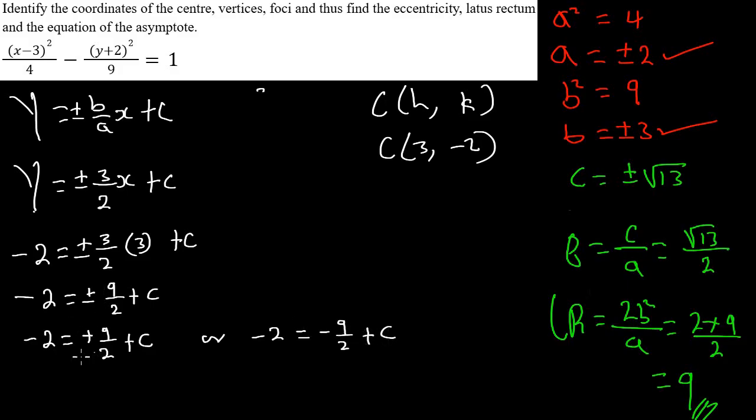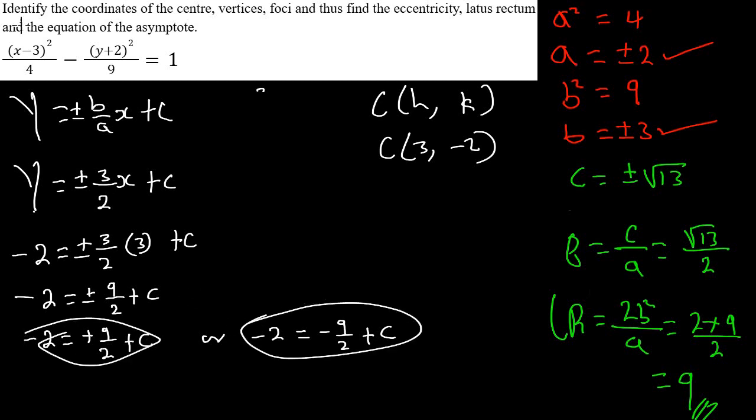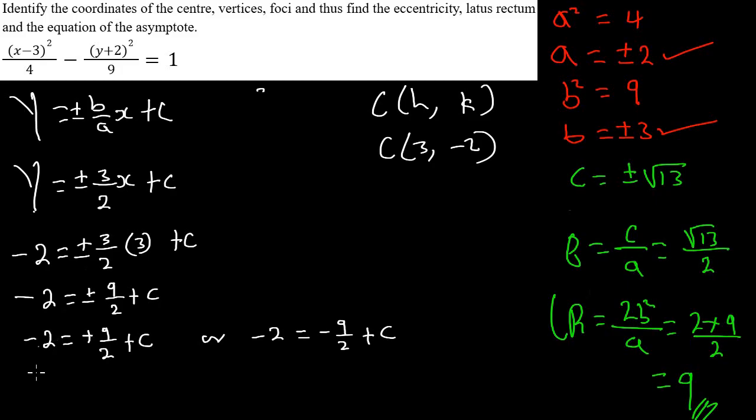So we have split everything. Now I multiply all through, for the left hand side and for the right hand side. We should have minus 4 equals plus 9 plus 2c. So basically, minus 2 times 2 gives us minus 4, and 9 over 2 times 2 gives us 9. And I basically need to multiply c by 2 also, so that should be plus 2c.